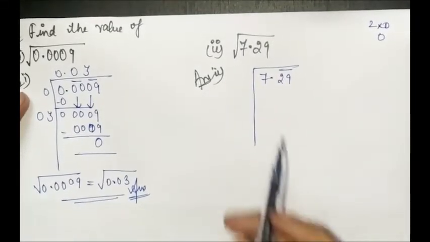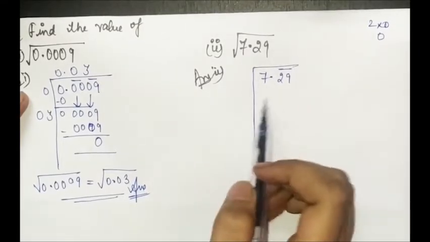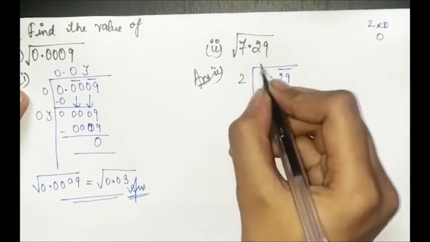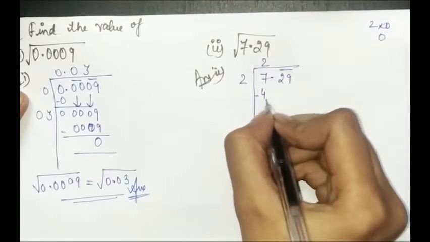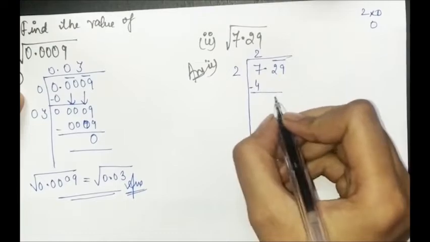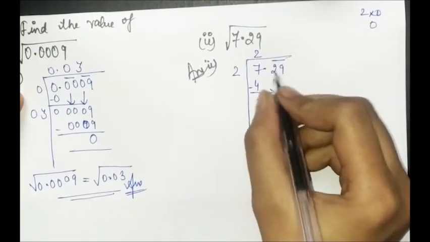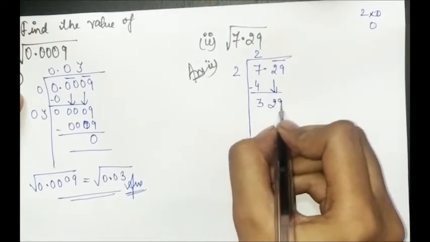So take the smaller square root than 7, that will be 2 into 2, that is 4. Then 7 minus 4 is 3, and then we will bring down this pair here.